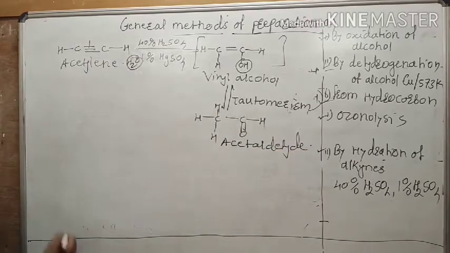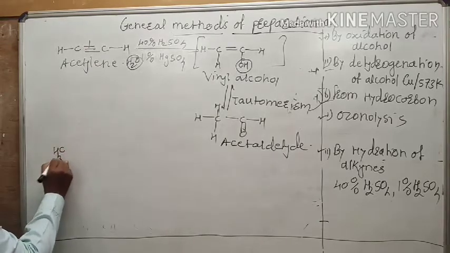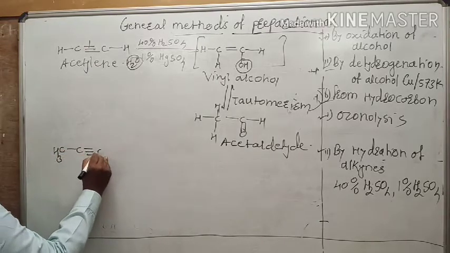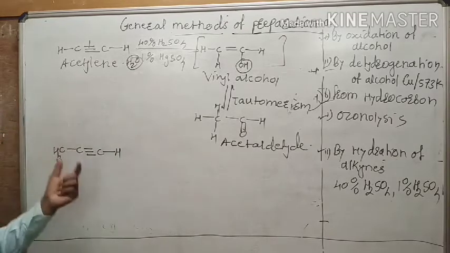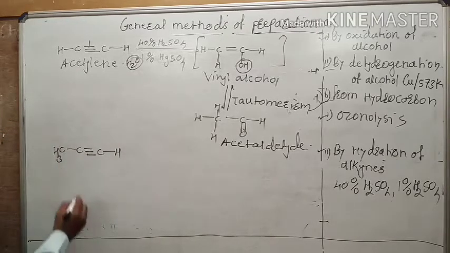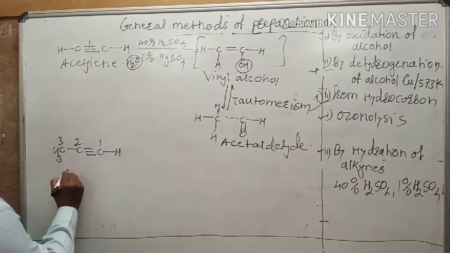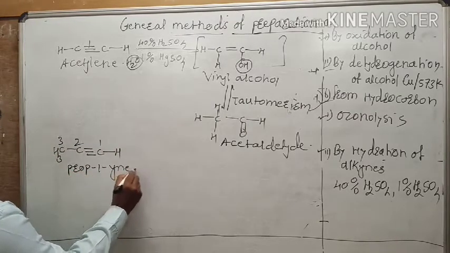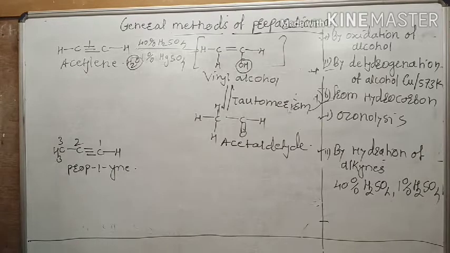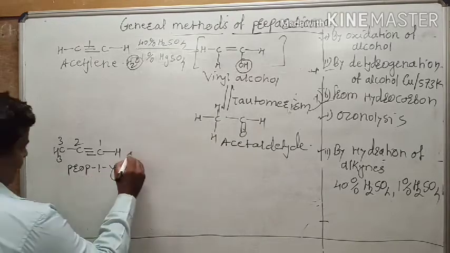Like this, if we use substituted alkynes, this is an unsubstituted alkyne, this is a substituted alkyne. Its name is methylacetylene, or prop-1-yne. Here 'ene' is replaced by 'yne'.